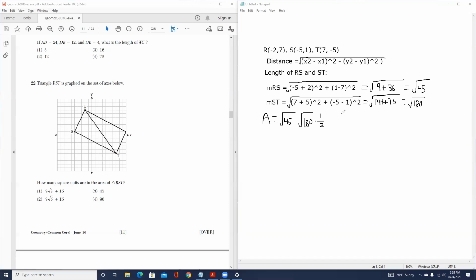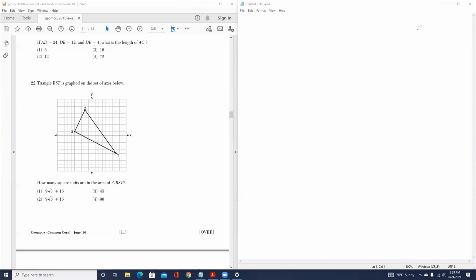And we get 1/2 of radical 8100, which is equal to 1/2 times 90, which is 45. And this is equal to choice 3. So that settles this question.